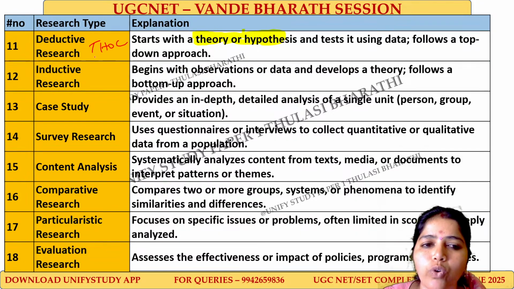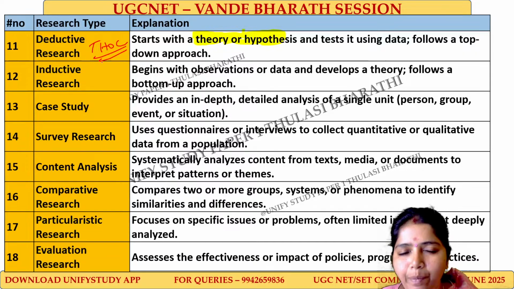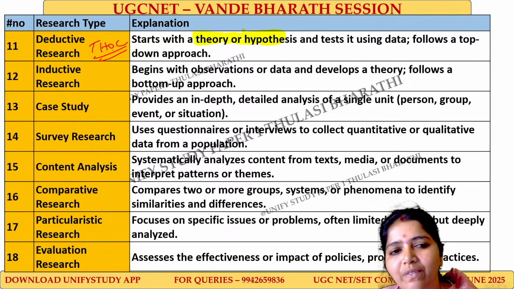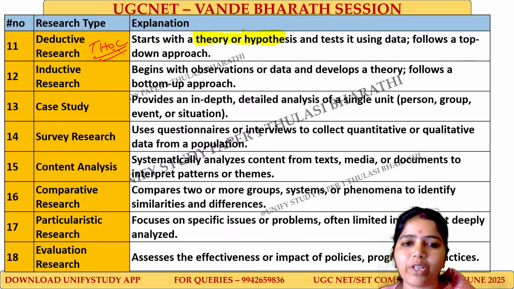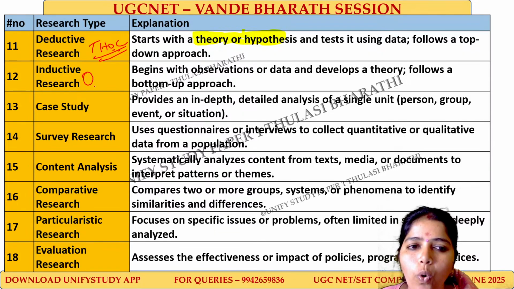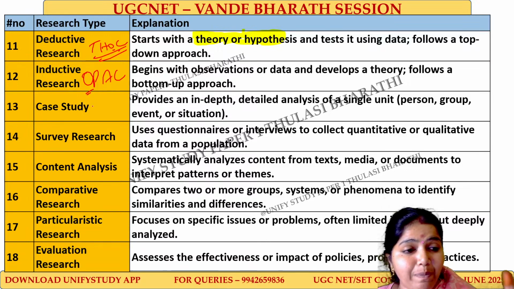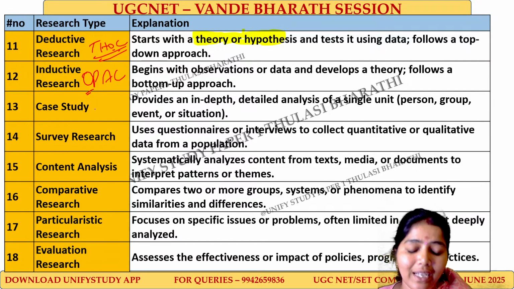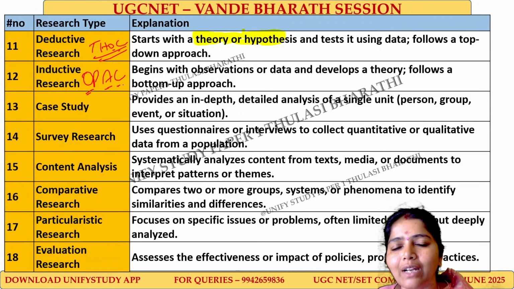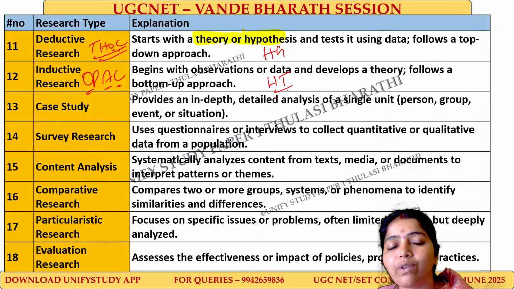Many a time I have told you, it starts with the theory, hypothesis will be tested, observation will be done, and finally confirmation will be given. Inductive research, OPAC: observation will be done, observing specific instances, getting a common pattern out of all the instances, analysis will be done, and confirming. Here hypothesis generation will be done, there hypothesis testing will be done.